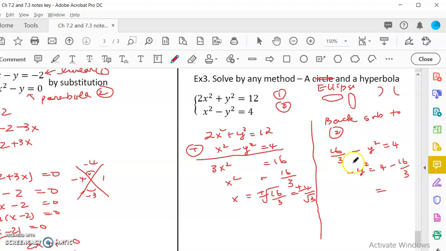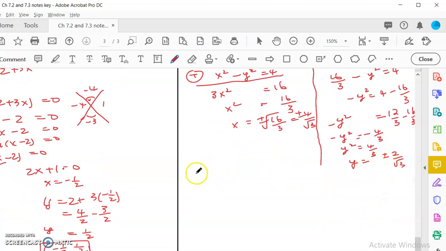I subtract 16 over 3 on both sides. So 12 over 3 minus 16 over 3. So negative y squared is equal to negative 4 over 3. Y squared is actually 4 over 3. So when I do the square root, it is plus and minus 2 over root 3. So again, it's root 3 at the bottom.